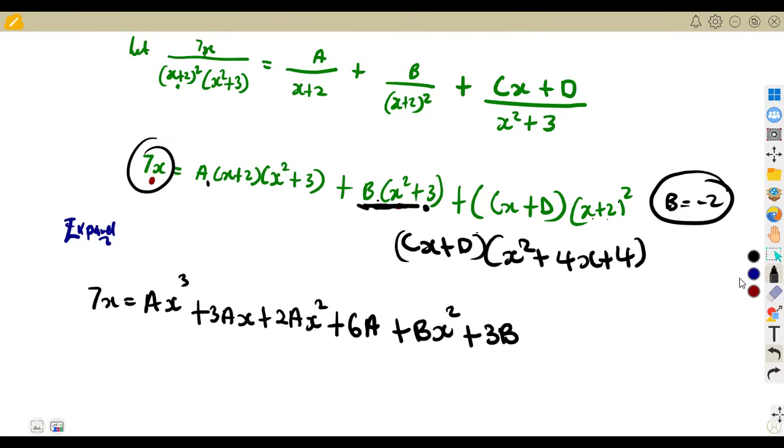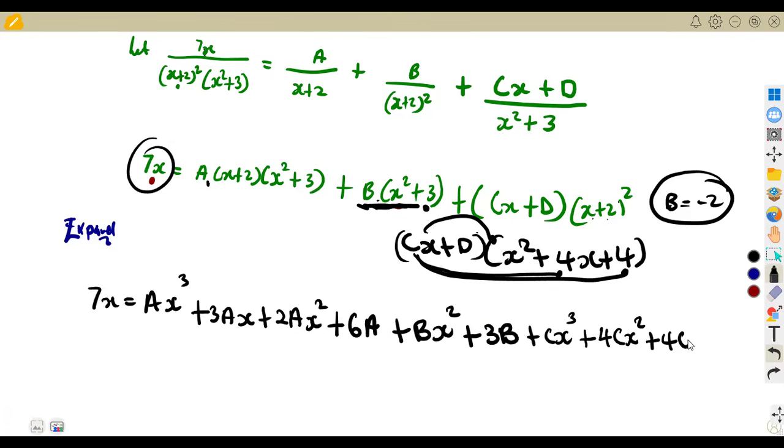So meaning to say, cx is supposed to multiply everything. Cx times this x squared is going to be cx cubed. Cx times this 4x will be 4cx squared. Cx multiplies this 4 at the end, so it is just going to be 4cx.